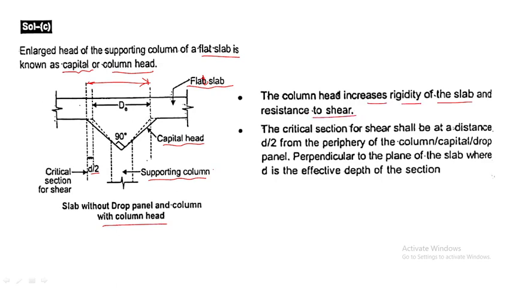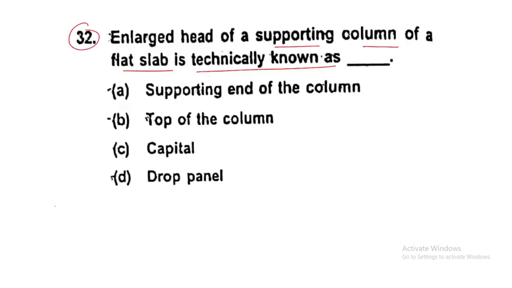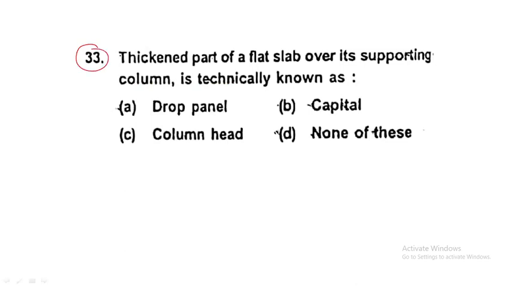The critical section for shear shall be at a distance of d by 2 from the periphery of the column or capital or drop panel. You can see here, right? This is the critical section for shear, perpendicular to the plane of the slab, where d is the effective depth of the section. You have to remember these two points: the capital head, supporting column, and the critical section for shear. Okay, ready? We'll move to the next question.